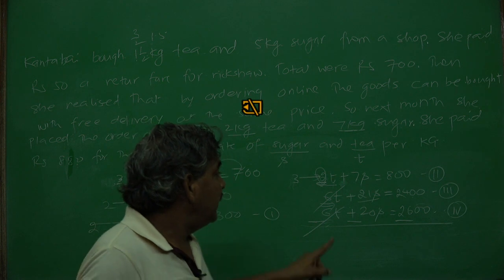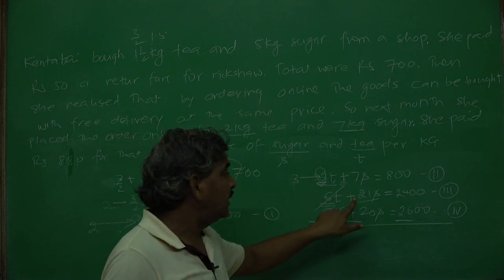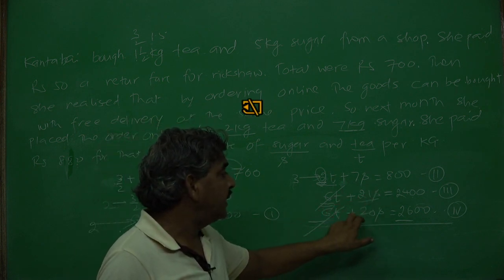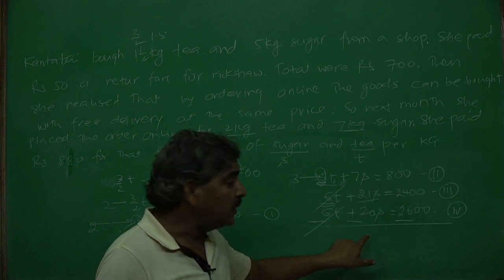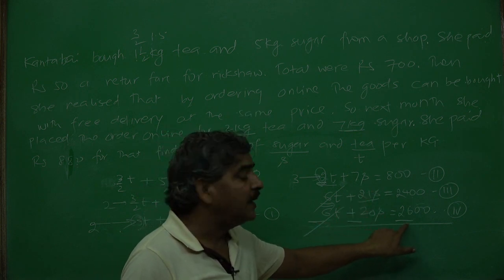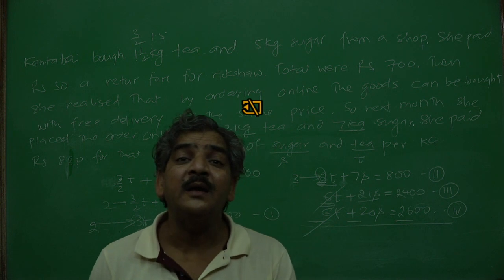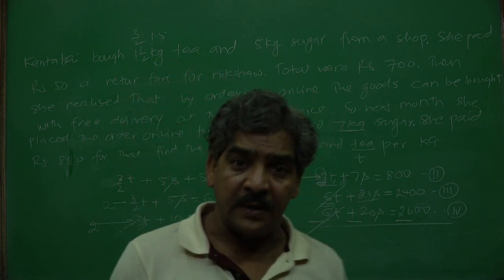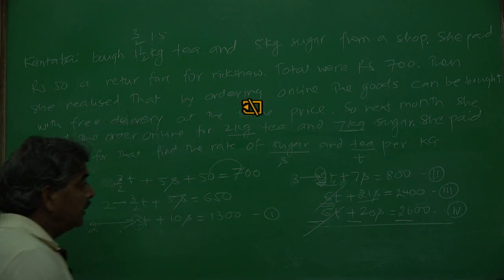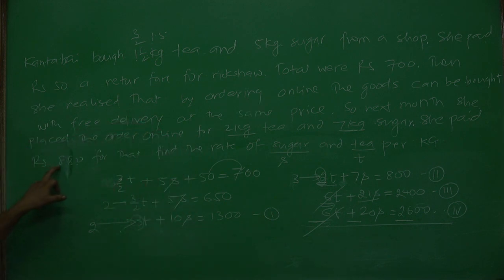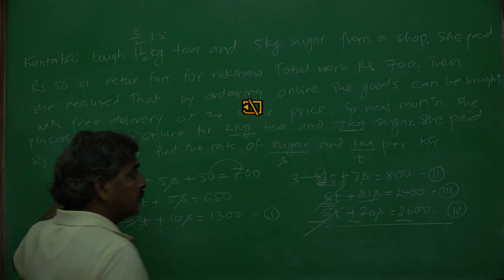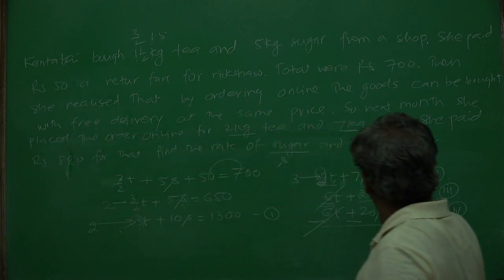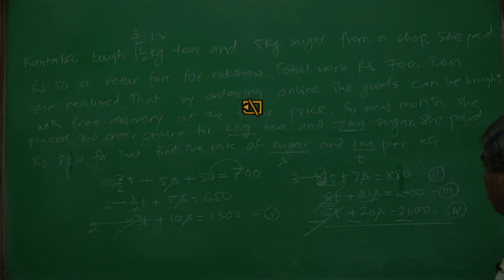See, if I subtract the equations, I get 21S minus 20S, that is equal to S, and that is equal to minus 200, and S can't take a negative value, which indicates I committed a mistake somewhere. So here the total cost is 880, this is the correction.